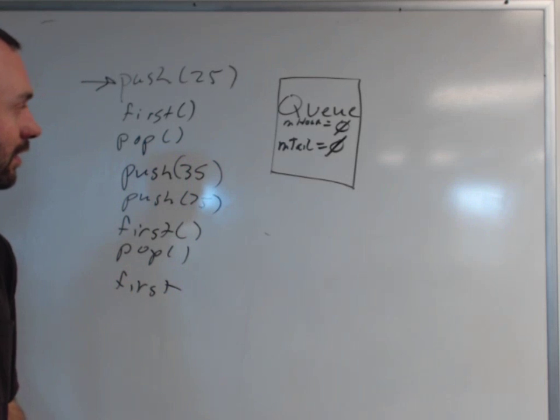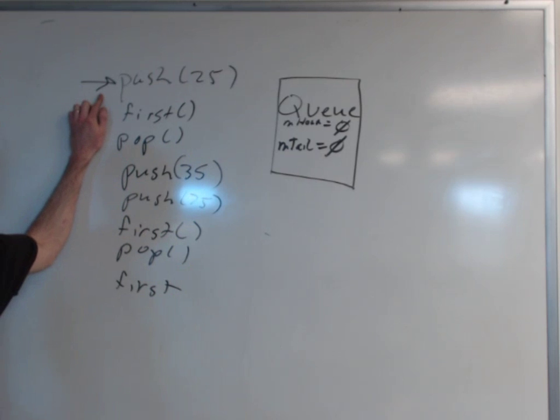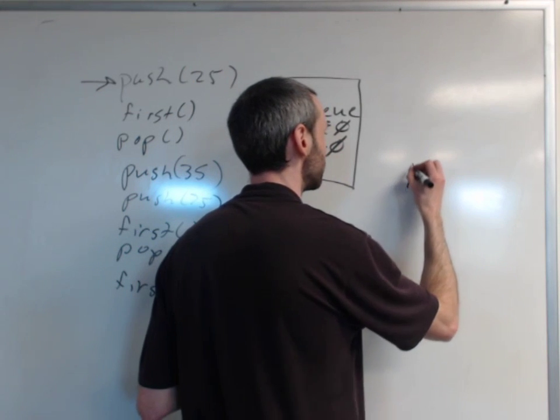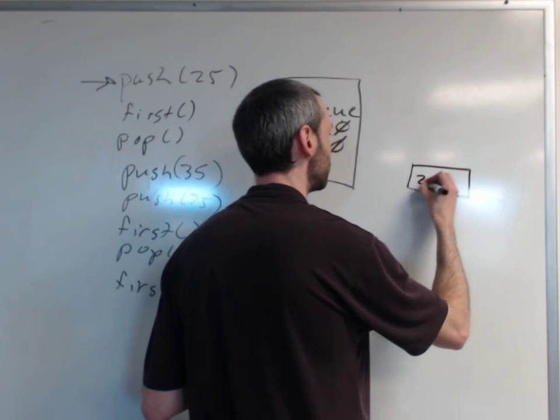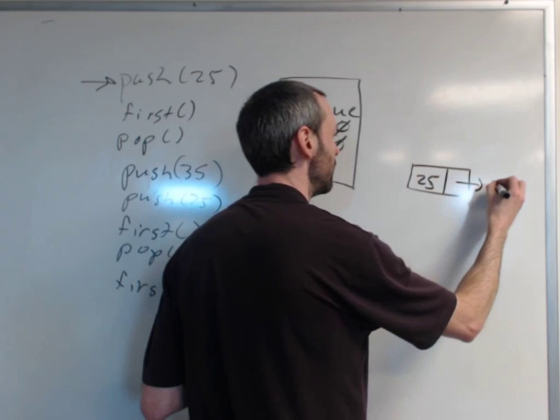So m_head goes to null. Now, all right, we're going to push 25. What's the first thing we do? Create a new node. 25, and it points to null.